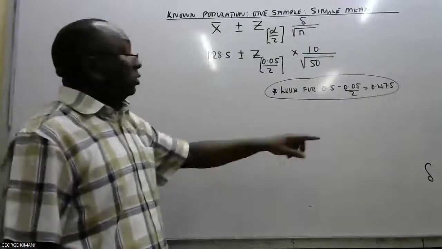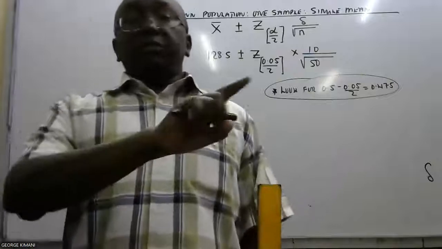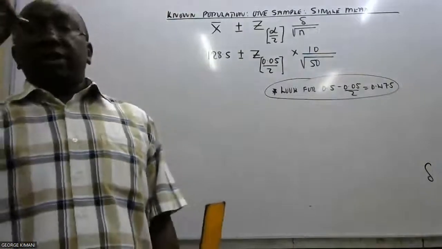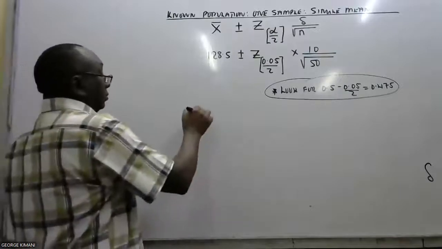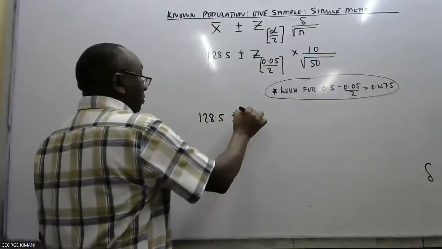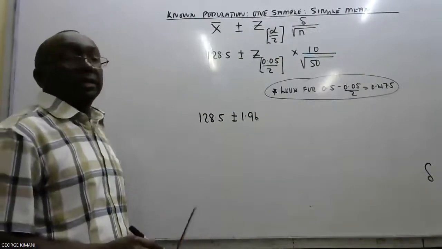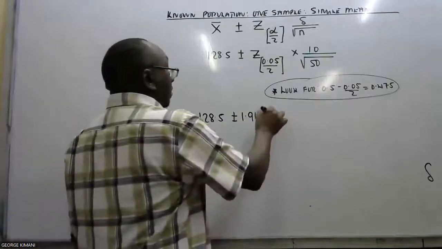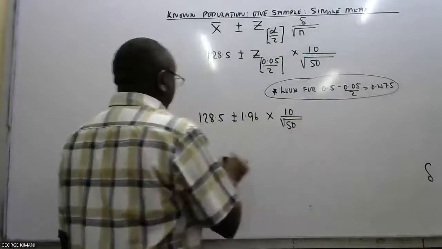Go inside and look for 0.475. Niambie alafu usome the value in the row and the value in the column. Good. So plus or minus 1.96. That's how you get it. Now multiply by 10. You divide by the root of 50.